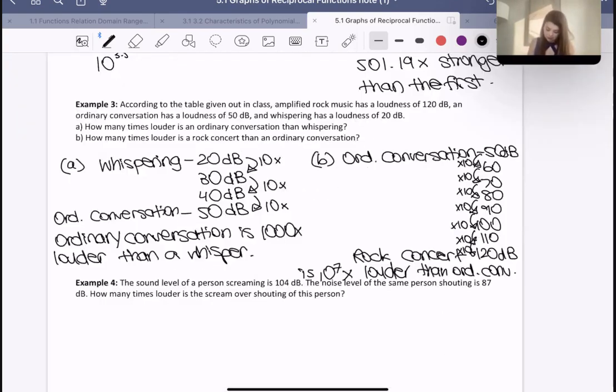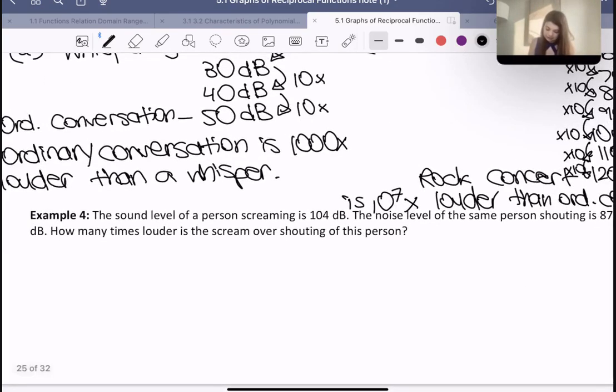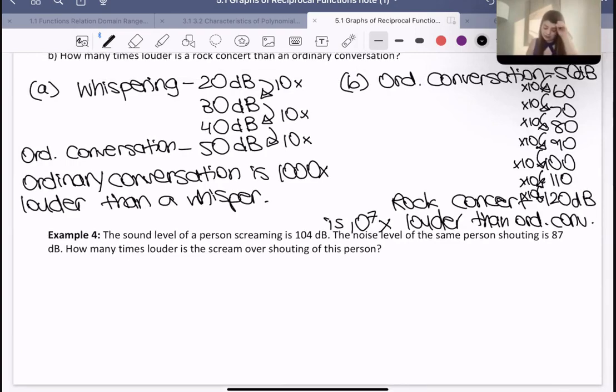All right. Example 4 says the sound of a person screaming is 104 decibels. The noise level of the same person shouting is 87 decibels. How many times louder is the scream over the shouting of this person? Sounds like they can scream louder than they can shout, which is interesting. Okay.